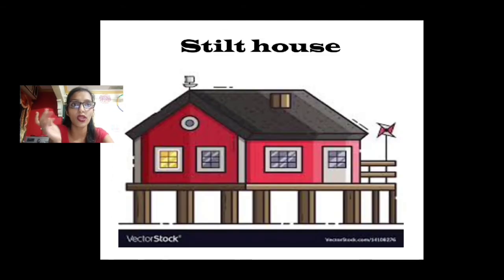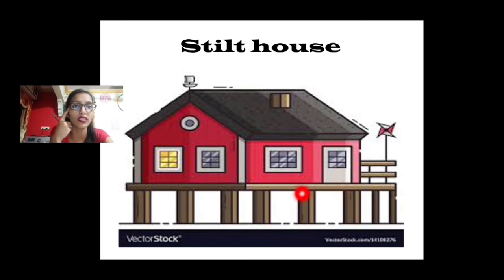Now the next point is slanting houses. Why are they called slanting houses? These kinds of houses are made in places where there is heavy rainfall and snowfall. Why is it called a slanting house? Because it is made up on bamboos.